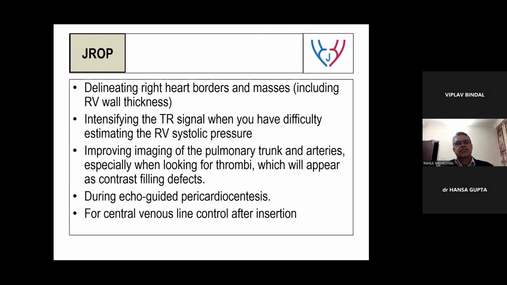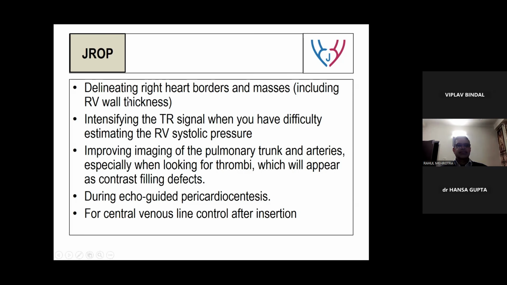Recently I was working in a cath lab on one patient and we were trying to put in a central venous line, and this interventional cardiologist was telling me, Dr. Rakesh, can you show me the SVC, subclavian artery or subclavian vein? And what he very simply did, he just put agitated saline into the arms, and we could see the contrast beautifully out there.